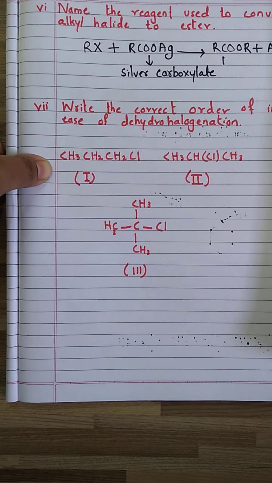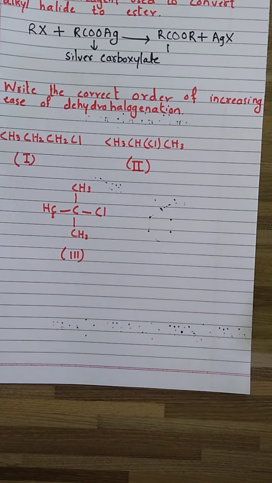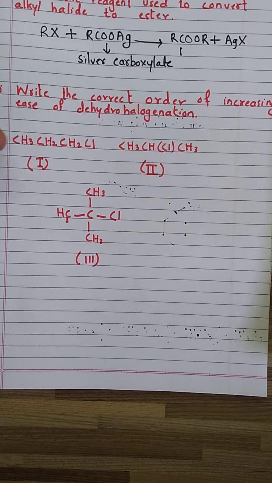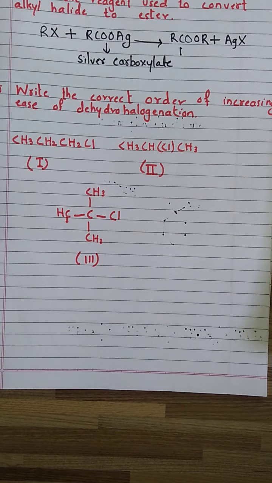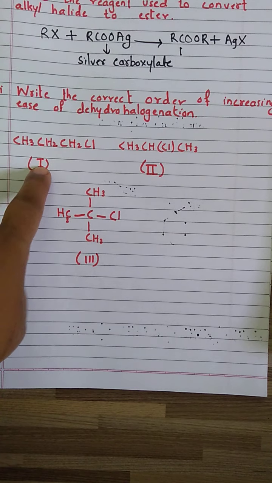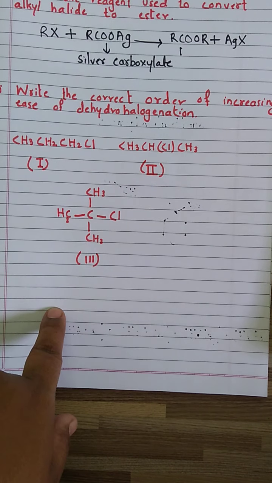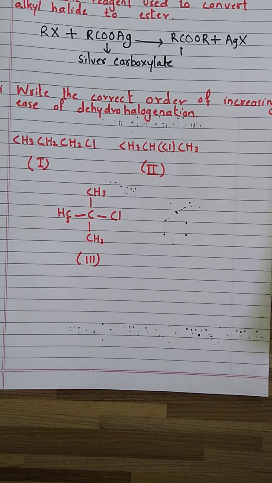Now write the correct order of increasing ease of dehydrohalogenation. Now look here, 3 alkyl halides are given to you. This is your primary alkyl halide, secondary alkyl halide and tertiary alkyl halide. So you have been given 3 different alkyl halides and the question is which one can more easily undergo dehydrohalogenation.